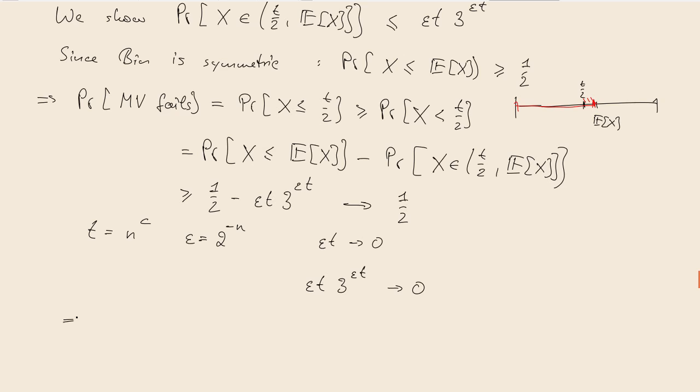So for these parameters, the ones that we claimed, you can show that the probability for a failure goes to 1/2. And that means you can't amplify the probability, at least if you only pick a polynomial number of repetitions.